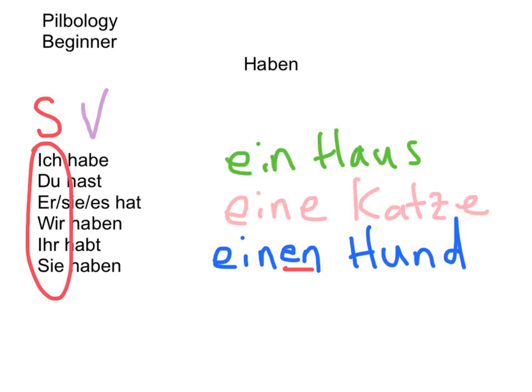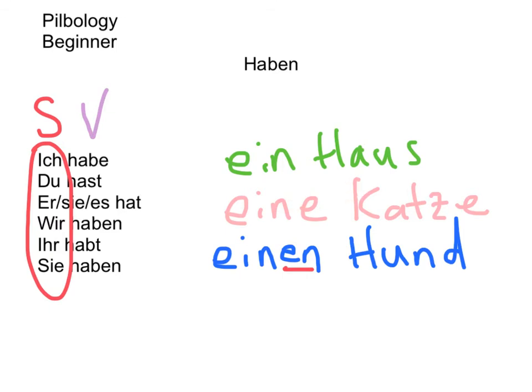So this is why it's important in German to know whether a word is neuter, feminine, or masculine. In this case, we've written these upside down. It's normally masculine, feminine, neuter, but it doesn't really matter. It's important because the position of this particular noun in the sentence dictates whether or not it gets this ending. So if it's a der word, then you know there's going to be a change to it.